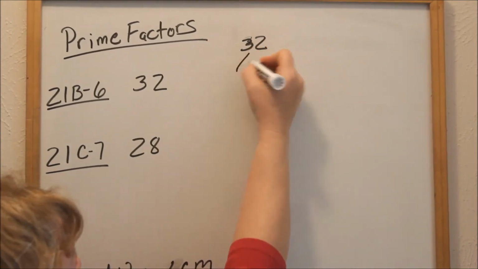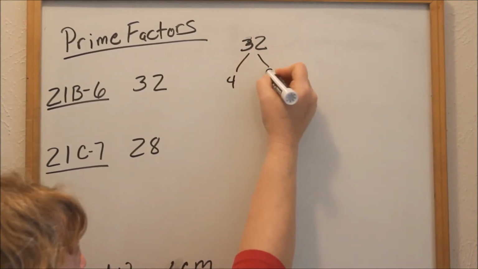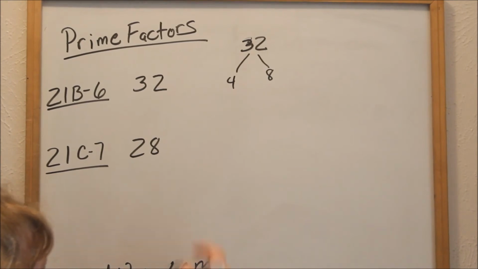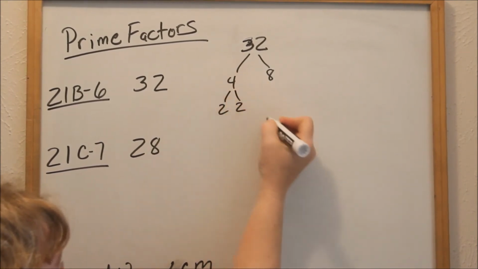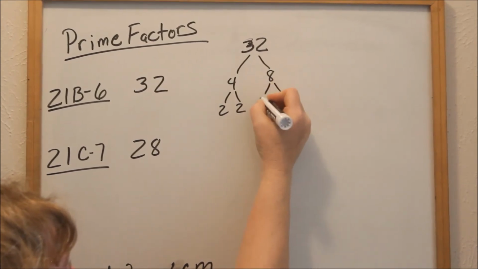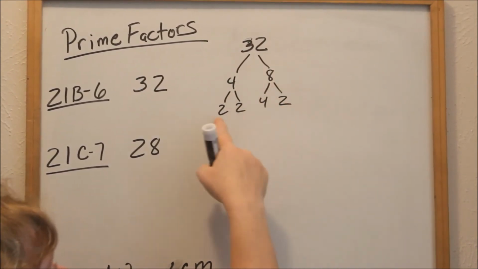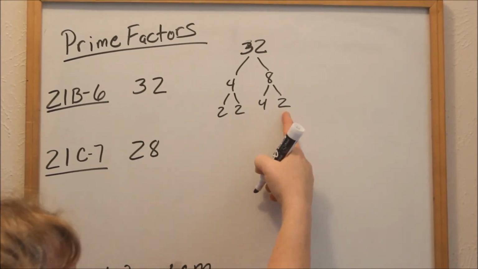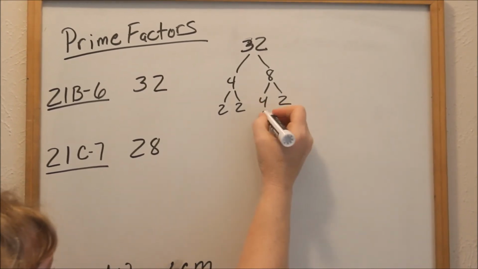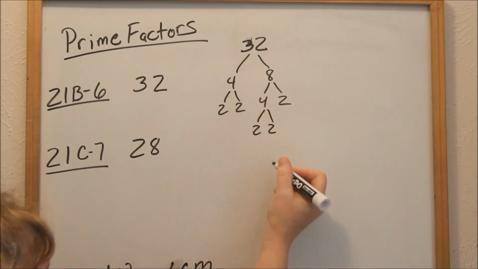So I'm just going to break this into 4 and 8, because 4 times 8 is 32. Well, I can keep breaking down 4 into 2 times 2, and I can break down 8 into 4 times 2. I can't break these 2s down into anything else except 2 and 1. But I can keep breaking that 4 down into 2 times 2.